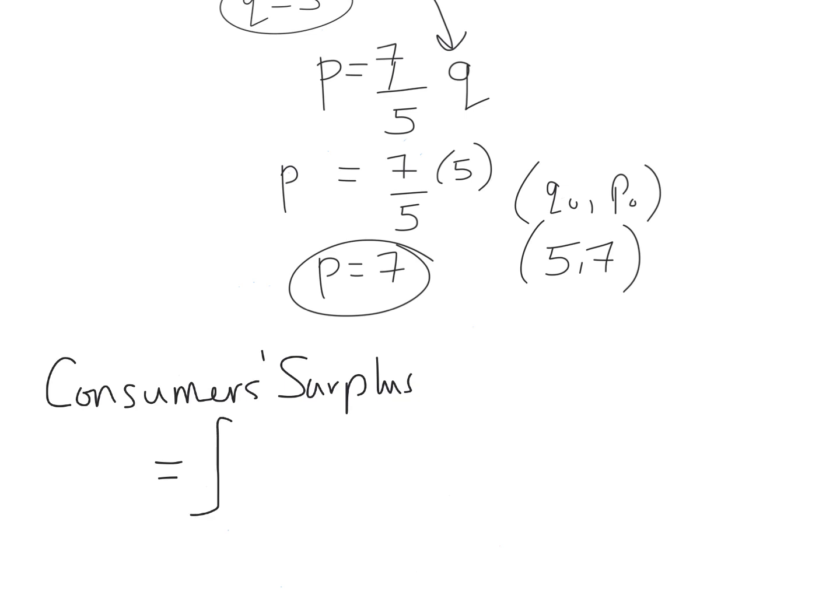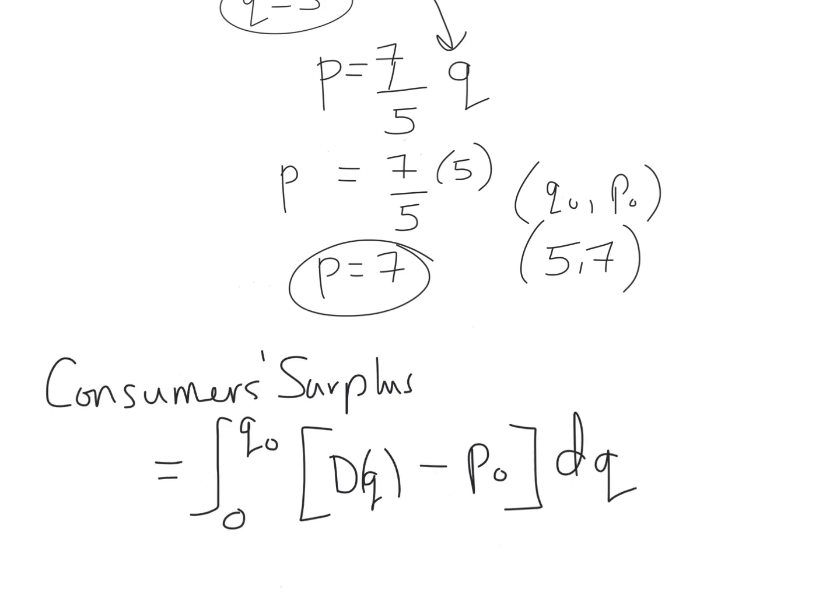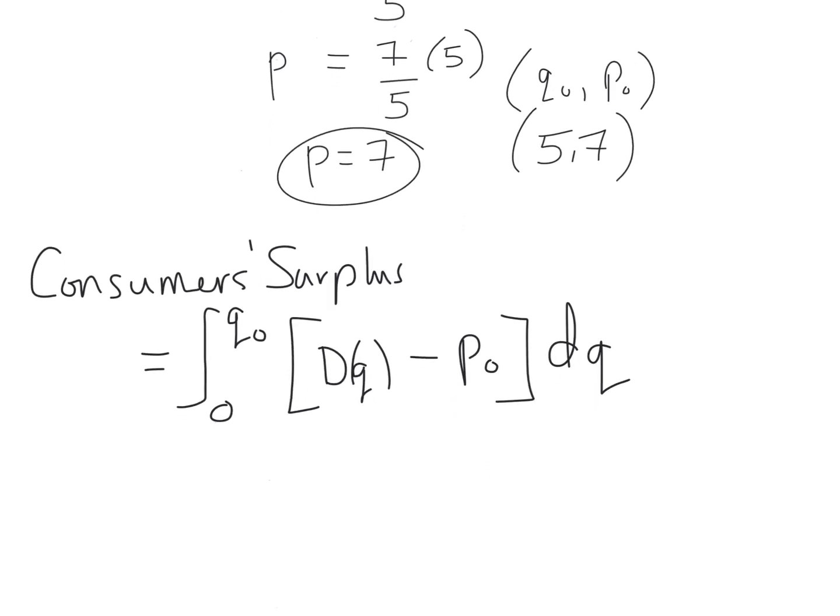We integrate and evaluate from the equilibrium quantity to 0 of the demand function, because consumers demand, minus the equilibrium price, and that dq is just the derivative, like we're integrating and evaluating.